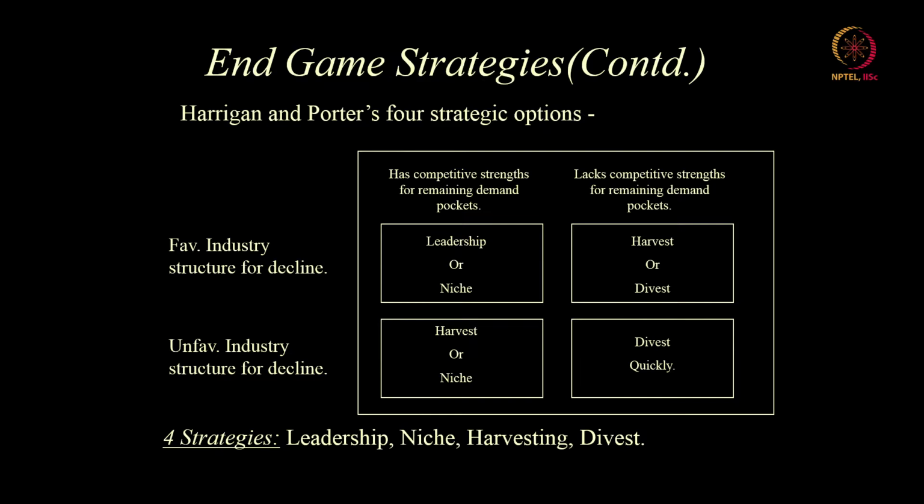These are 4 strategic options. So, has competitive strengths for remaining demand pockets, favorable industry structure for decline, unfavorable industry structure for decline, then lacks competitive strength for remaining demand pockets. So, this is the thing on which you have to decide whether you can carve out a niche.